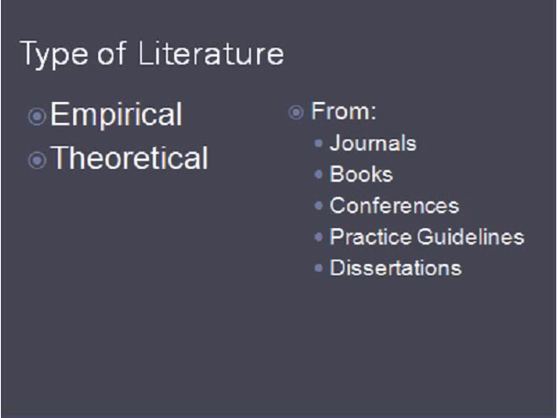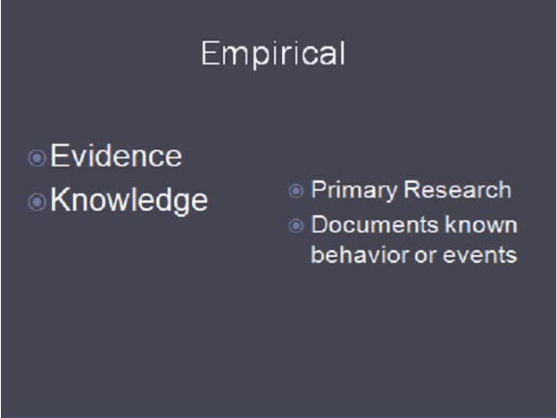So you get these from journals, books, conferences, practice guidelines, dissertations. It's nice to have a full range. I think that conferences give us up-to-date knowledge about how people are thinking currently about topics. Practice guidelines are great because they're kind of national standards. Dissertations are fresh work.